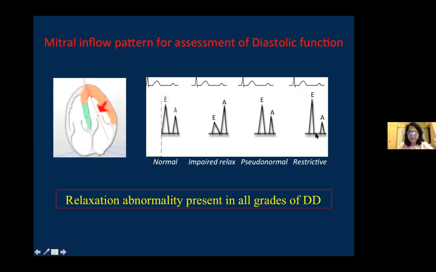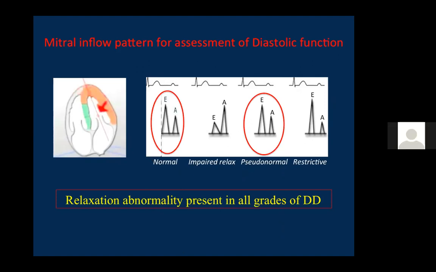So we must remember that relaxation abnormality is present in this phase as well as in this pattern. It is because of the raised LA pressure and also the non-compliance of the LV that the pattern is changed. Now, if you look at the pseudo-normal and the normal pattern, they look so similar.